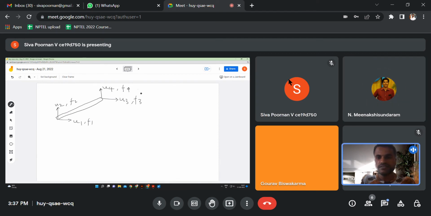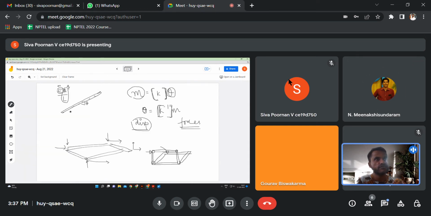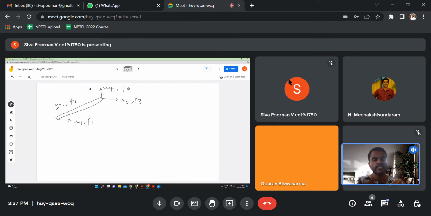This is where the concept of transformation comes in, right? We need to find out how these displacements are actually giving out the elongation. That's what we did last time also. We found out how these displacement quantities are related to elongation. Once we know the elongation, we know how it is related to the forces through the stiffness value, right? And we can do the same.